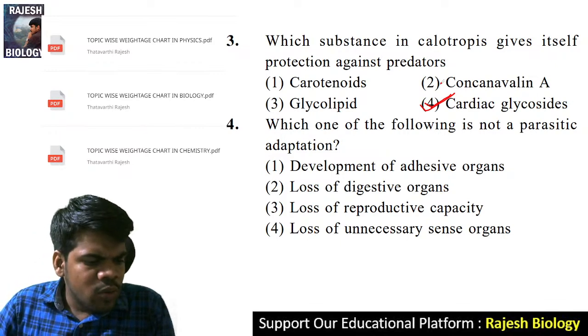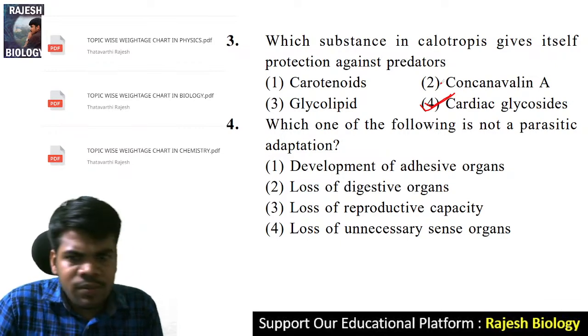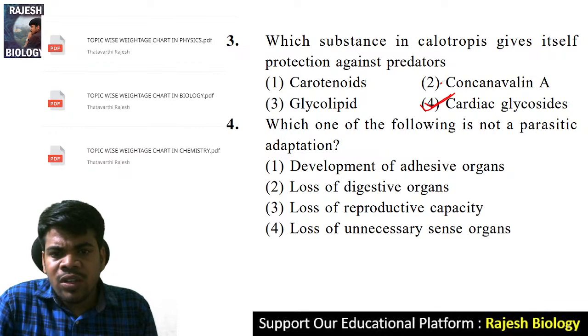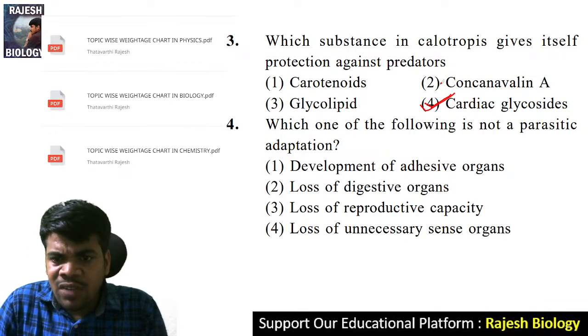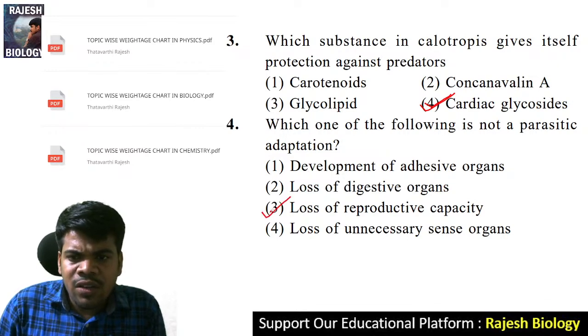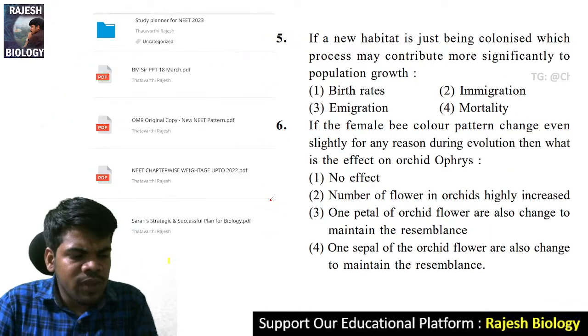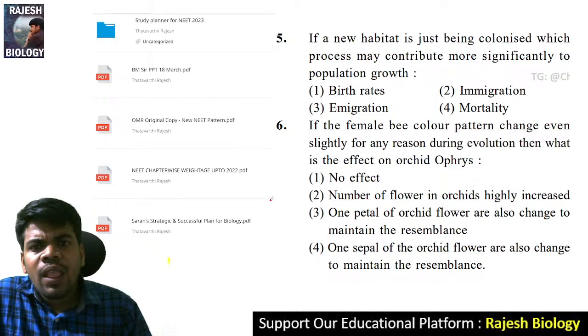Which of the following is not a parasitic adaptation: loss of digestive organs, loss of reproductive capacity, or loss of unnecessary sense organs? The right answer is loss of reproductive capacity, which is not an adaptation. Excellent. Come to the fifth question.